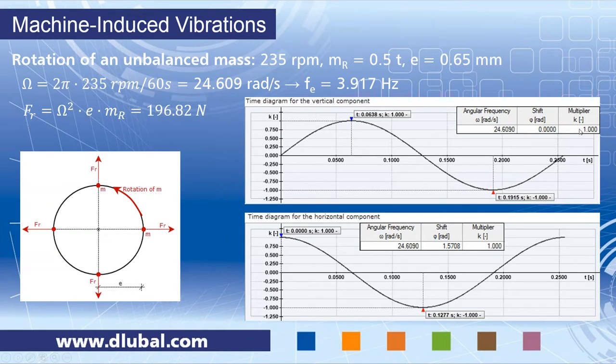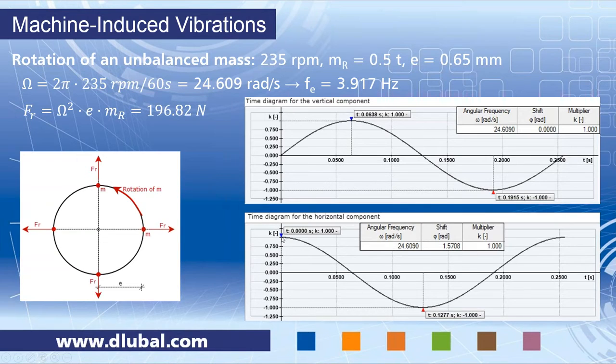This is really a multiplier which multiplies the time diagram with the load in the load case. So it's up to you whether you have a value in here which is unequal to 1, or in the load case. I decided on a multiplier of 1 in DYNAM and define the 179 Newton in my load case.